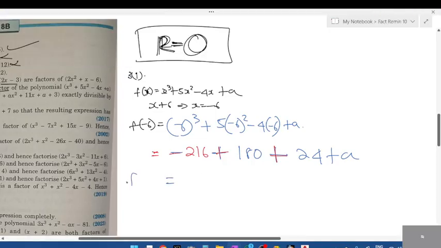Subtract it. Tell me what you got. Minus 216 plus 204.